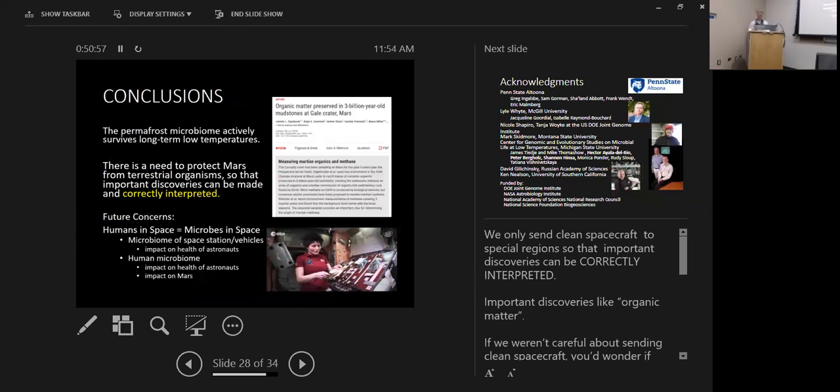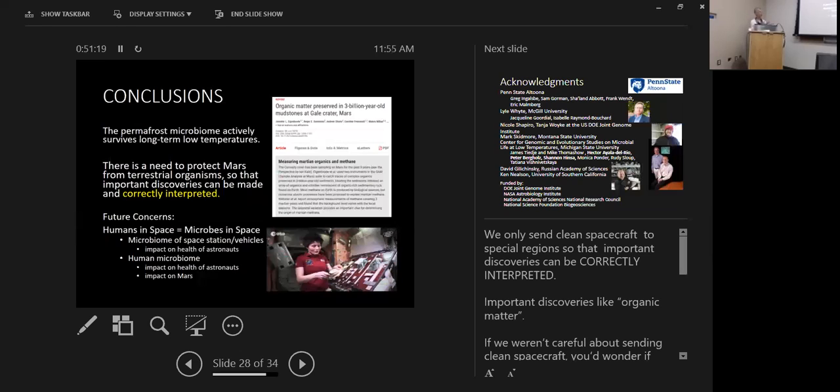If we didn't send a clean spacecraft to Mars, you would wonder if those organics just came off the rover, right? Are they really on Mars? You would want to know if we didn't send a clean spacecraft, could those organics have been altered by any organisms on that spacecraft before you analyze them? And so you really wouldn't be getting a clear picture of what these organics were on Mars, okay?